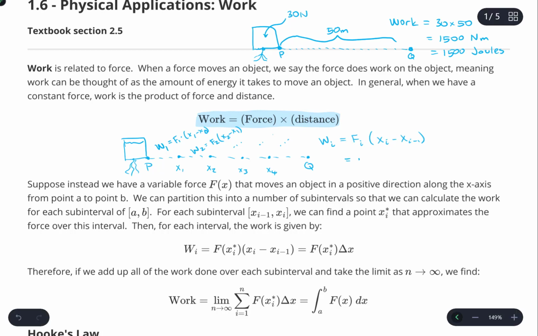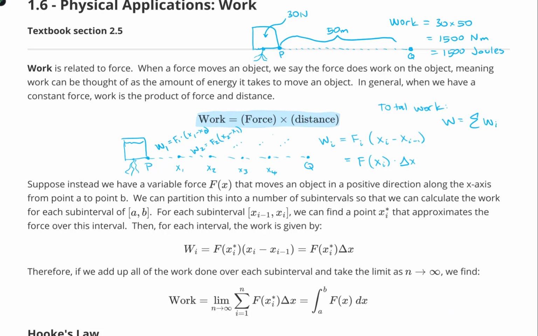So this is effectively like if I thought of the force as a function, the amount of force required at the ith subinterval times the width of that subinterval. Then I can approximate the total work by summing up the work on each subinterval. And when I add up the work on the subintervals, I've got the total work across the entire interval.